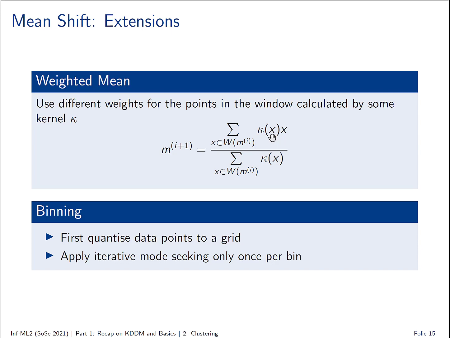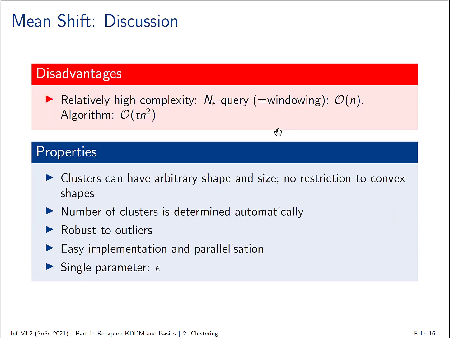If the sphere is very large, so the epsilon is very large, then you may have a couple of outliers, or a lot of outliers. In that case, your mean could be shifted somewhere you don't want it to be. For that case, a weighted mean extension could be interesting. Yeah, that was mean shift.